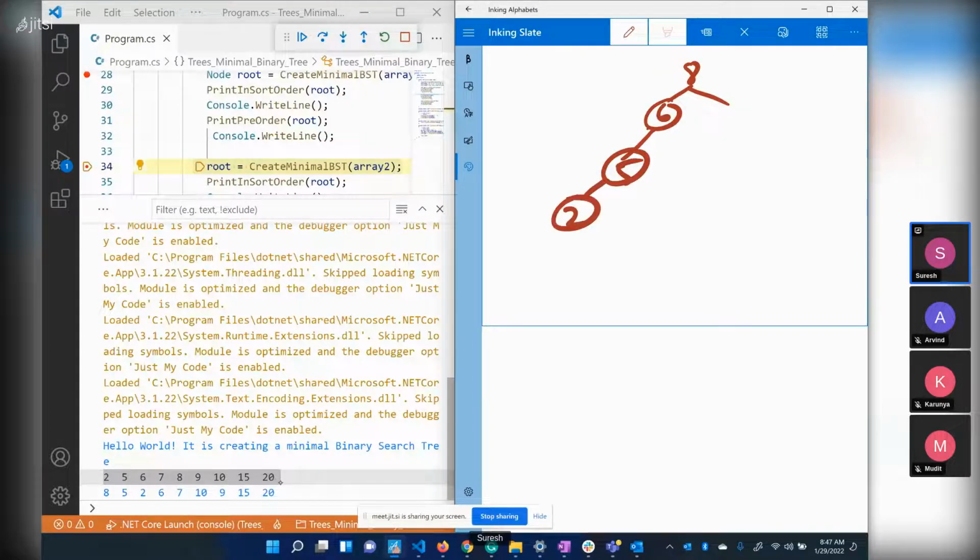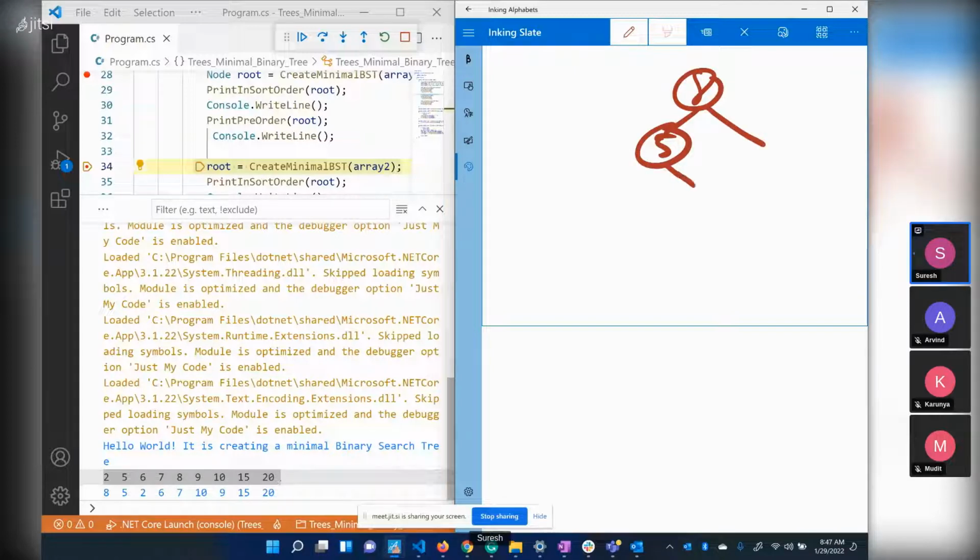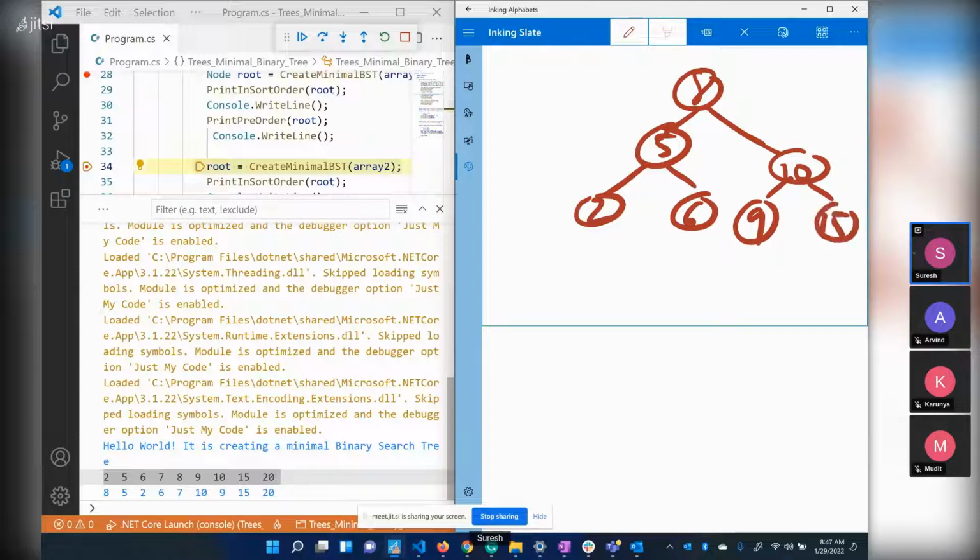Oh no, I think it took the other way. I think it took like this, probably 8, 5, and 6, 2. This is how it created the tree. And after that 10, and then 9, and then 15, and then 20.